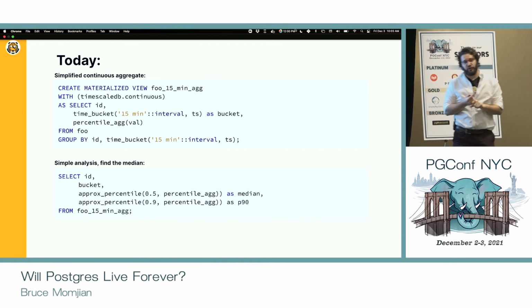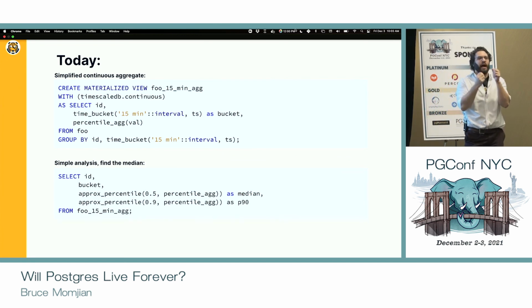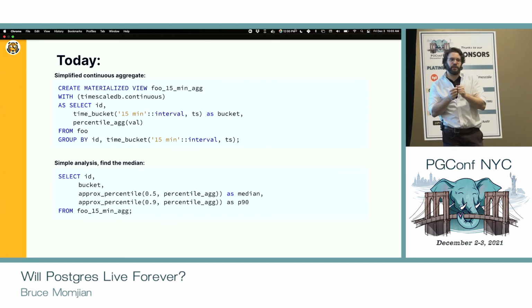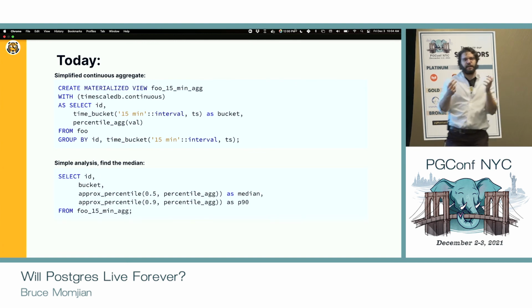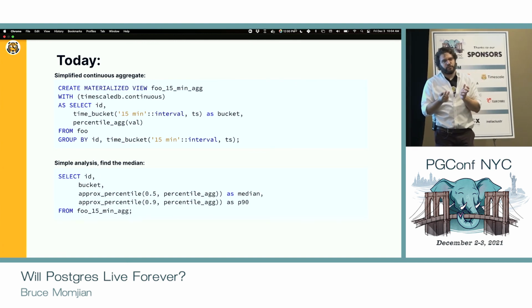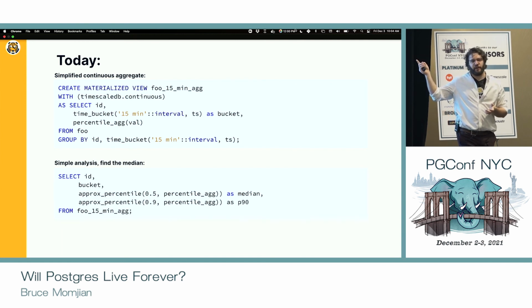So things like time-weighted averages and counter aggregates rely on the data being in order when we get it. What we basically do is build up a buffer in the transition function, basically an array of whatever data type we have. We then take that and sort it by time, usually, and then we process that either before we run the serialize function or before the final function is called.